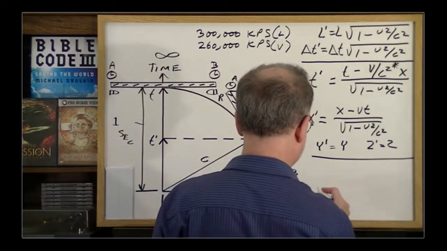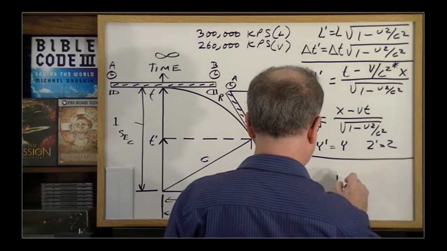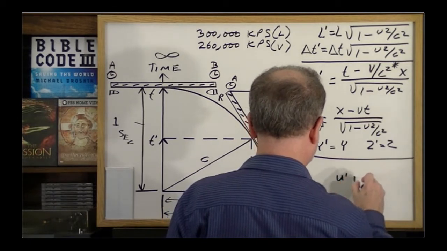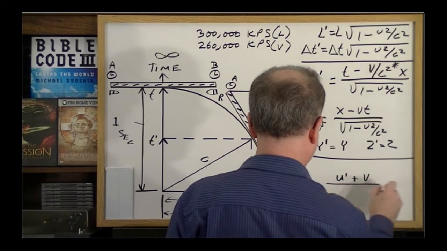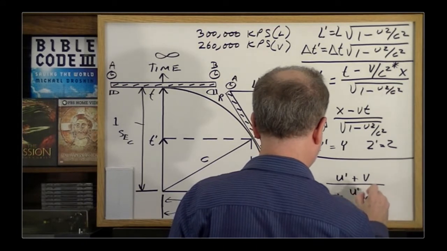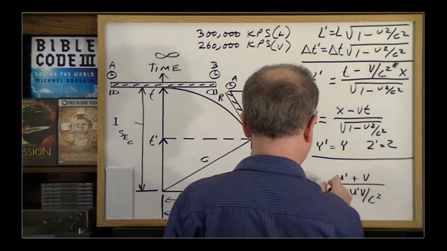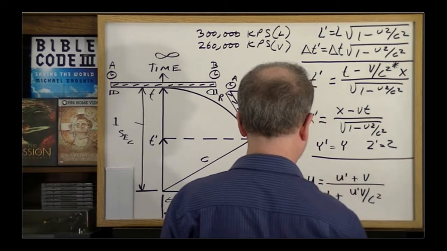And so what we come up with is an equation: u prime plus v over 1 plus u prime v over c squared, and that equals u.